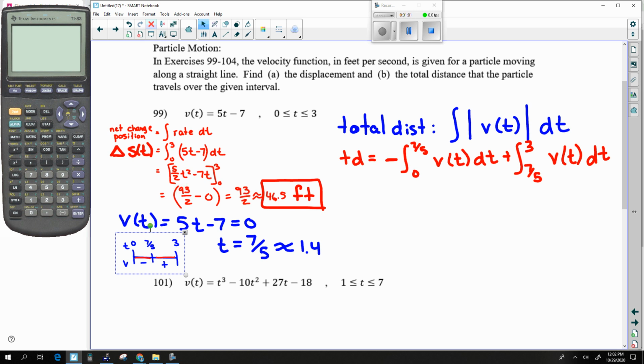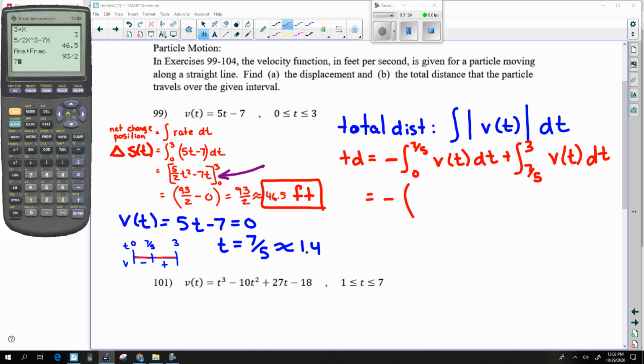All right. And I already did the integration. If you really take a look, it's that guy right there. All right, so this first one is going to be negative, and then I'm plugging it into the 5 over 2 t squared minus 7t. That's the integral of velocity. But I'm evaluating it at a different number. So the upper bound is 7 over 5.